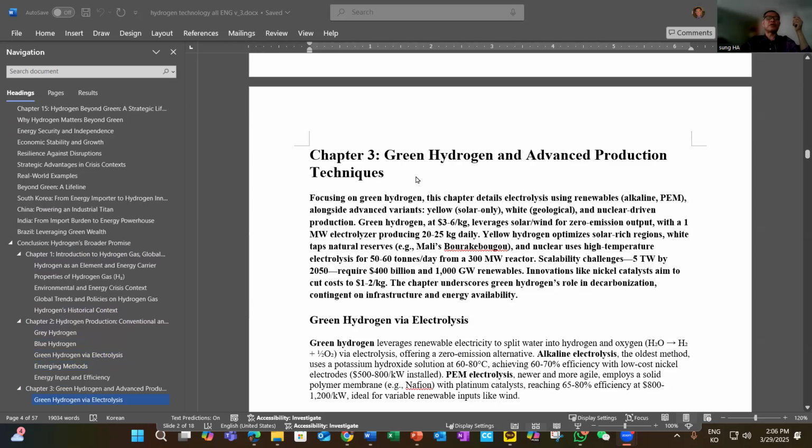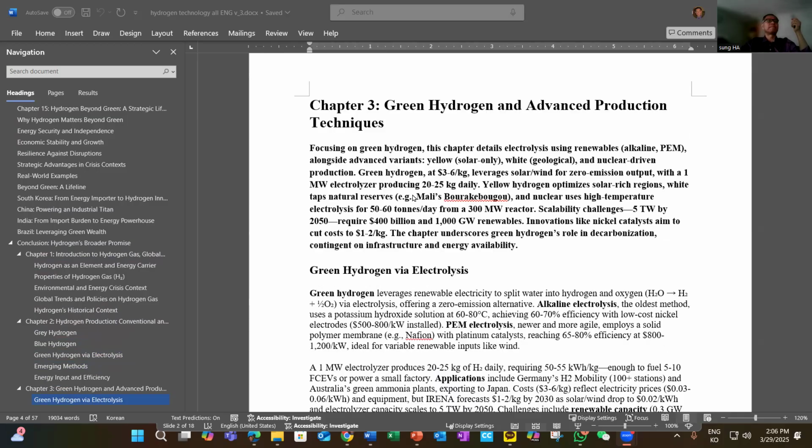That's the one we would like to cover today. So chapter 3 starts with green hydrogen and advanced production techniques. Other advanced production techniques were reviewed last week. So again, we would like to focus on green hydrogen.